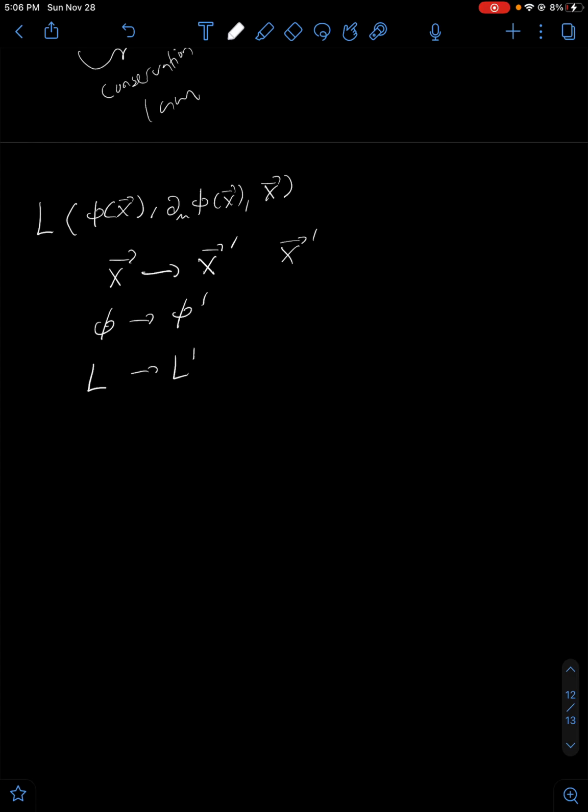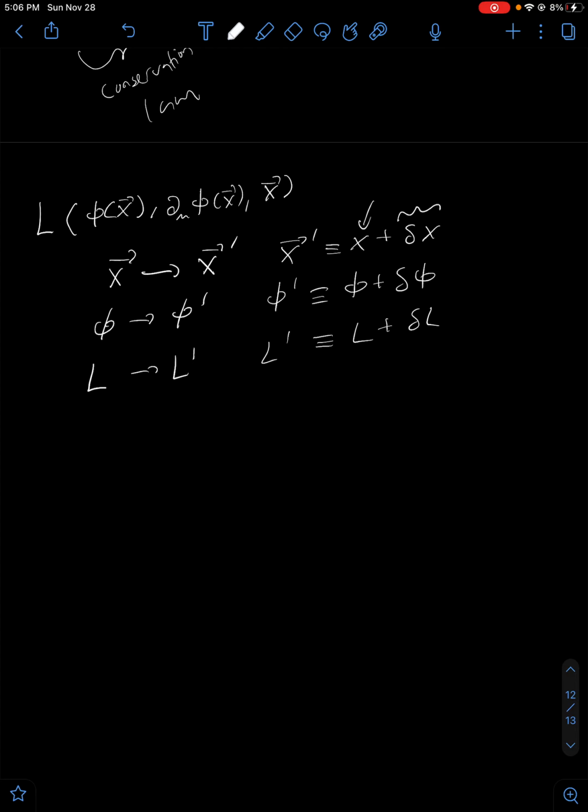And here x prime is defined as x plus delta x, where delta x is an infinitesimal translation. Phi prime is defined as phi plus delta phi. And then lastly, L prime is defined as L plus delta L. So this is just saying that we're moving our system from position x to x prime. We're taking this x and moving it by some infinitesimally small number.